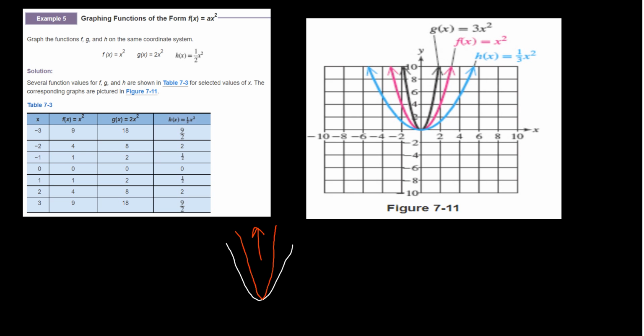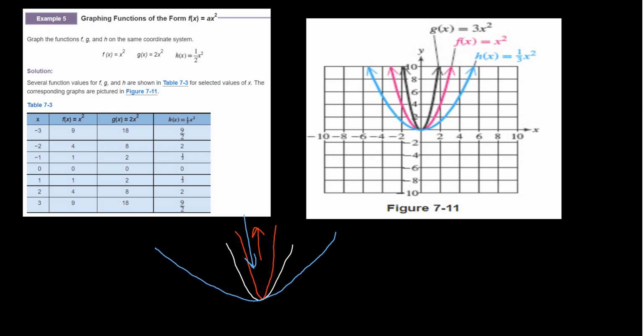Well, that blue line is a vertical shrink. So you're going to take it the other way and flatten it. You're going to kind of flatten the line, and that's how we get that graph.